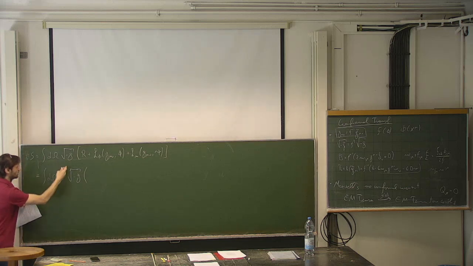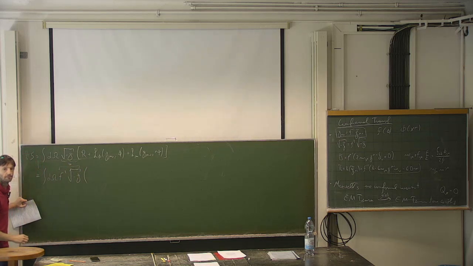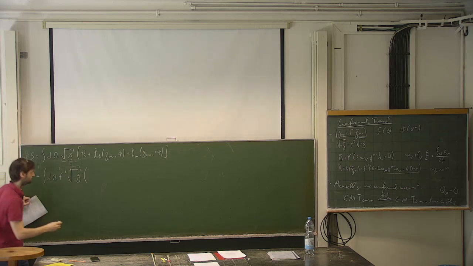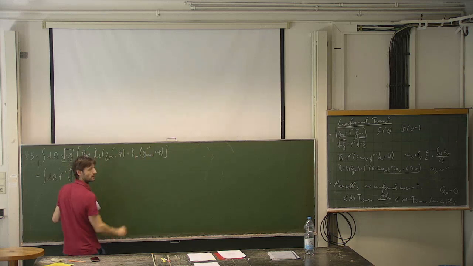And from here to here, we did nothing. It's a matter of rephrasing. Okay? Because this guy is equal to this guy. We haven't done anything. And then we do the same here, here, and here.